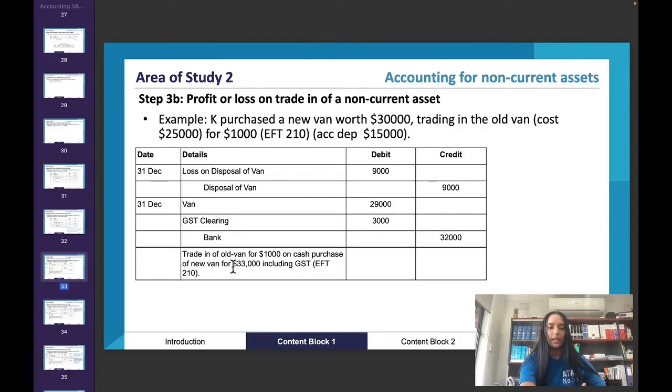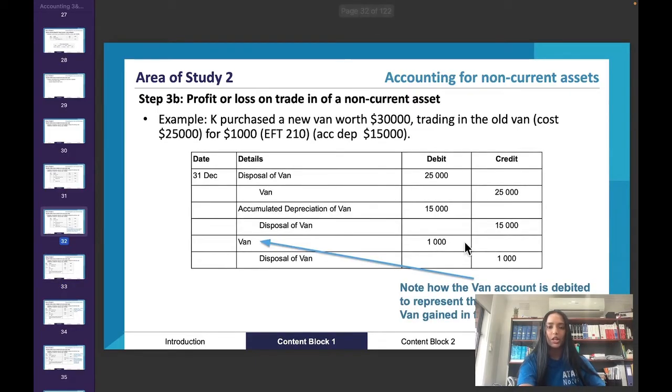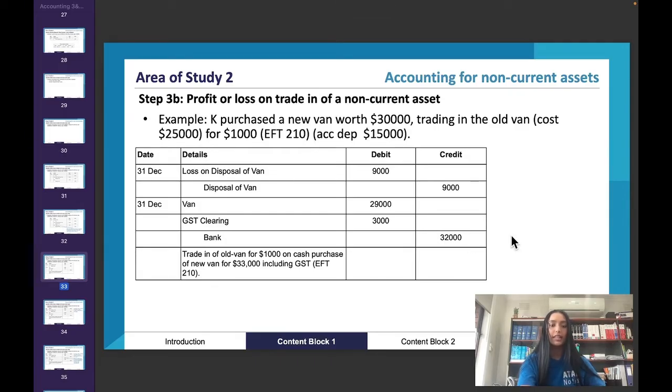So the entire amount for the new van is $33,000. $3,000 of that was GST and $30,000 of that was the value of the new van. However, we don't actually pay the entire $30,000 because we had that trade-in value. So the business is paying $33,000 minus $1,000 because the $1,000 was a trade-in value. So the business only pays $32,000 for that new van.